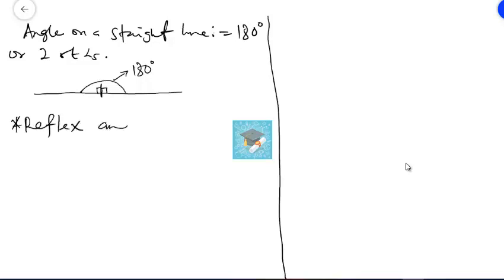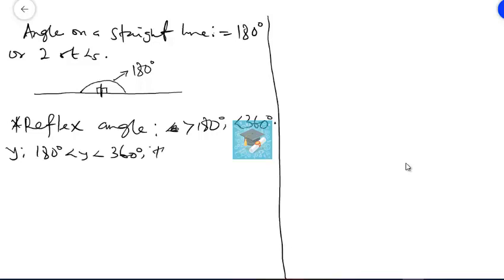So the next kind of angle we have is reflex angle. A reflex angle is greater than 180 degrees, but less than 360 degrees. It means that if we have angle Y such that 180 degrees is less than Y and Y is less than 360 degrees, then Y is reflex.